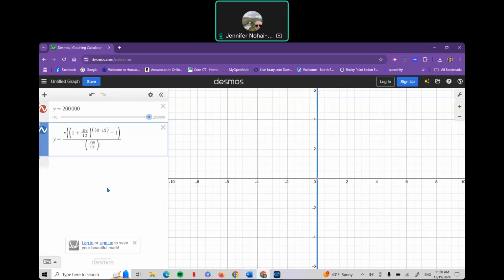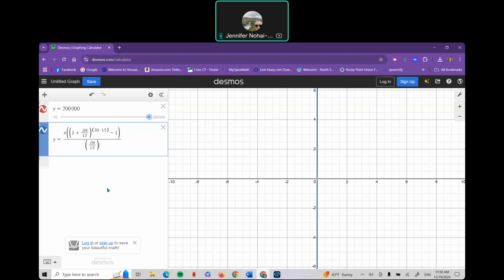Make sure that your equation matches up to the equation you see on your screen now. I think it's essential that we put the 30 and the 12 together in a set of parentheses instead of just the 12. I think that'll ensure that 30 times 12 are both in that exponent.